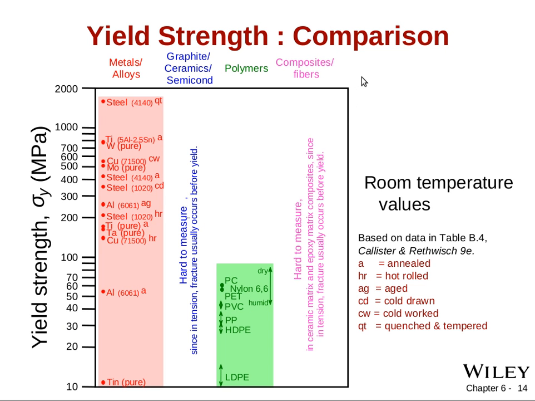So here's a comparison of various yield strengths. Steel, as you can see, has a very high yield strength. You have titanium, tungsten, other metals. Ceramics don't have a high yield strength because they don't undergo plastic deformation, because their crystals don't undergo slip as much because they have directional bonds.